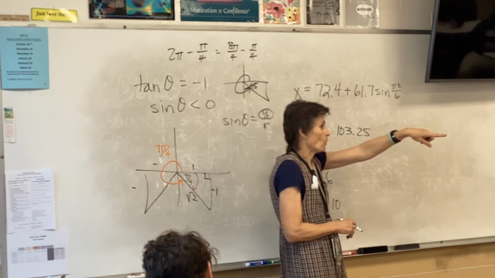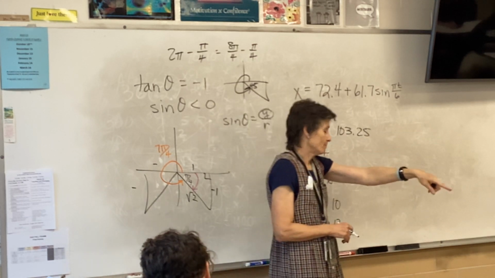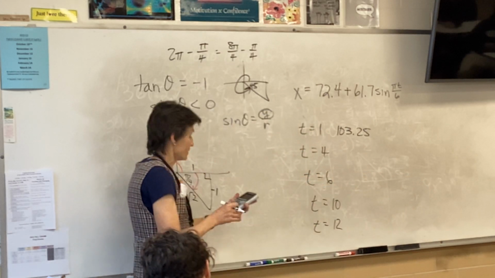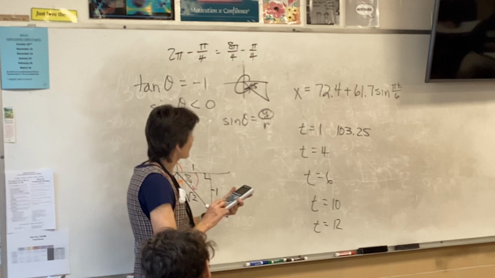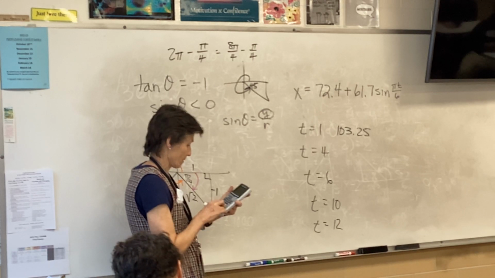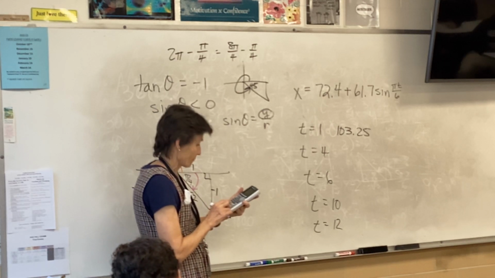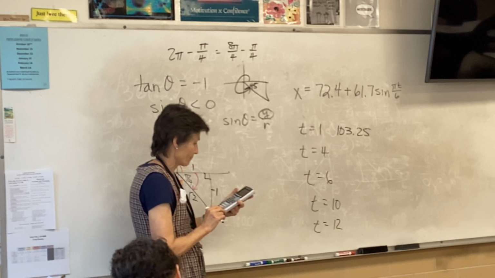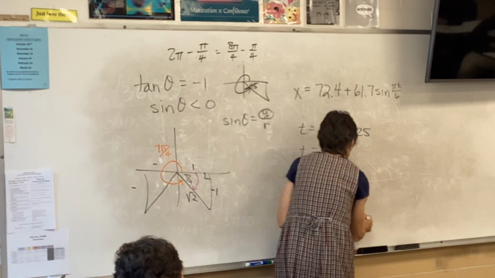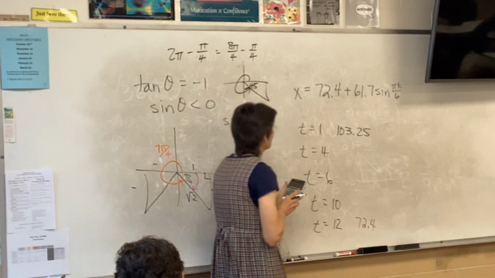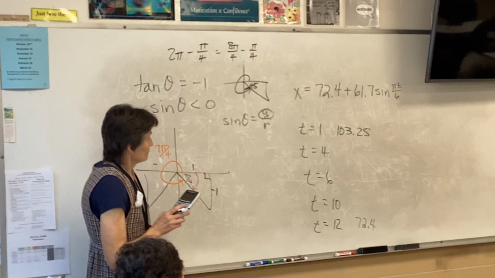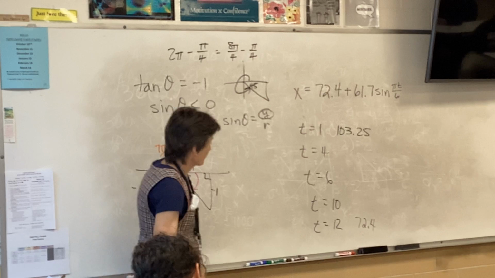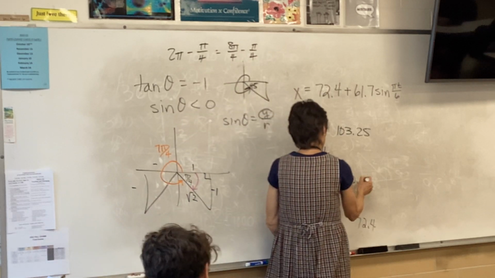Let's share the wealth here. Sammy, would your row do 4? Chris, you guys do 6. Peter, you guys do 10, and I'll do 12. So we'll have all the answers. I bet this one was 72.4 also.